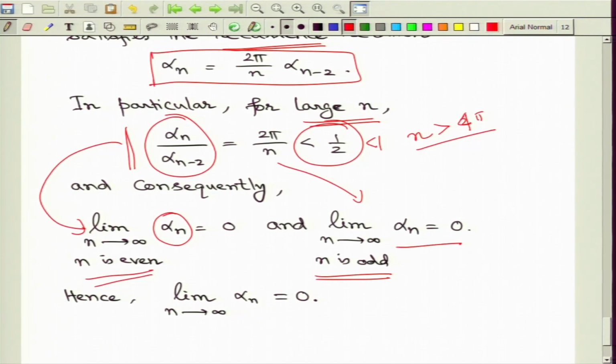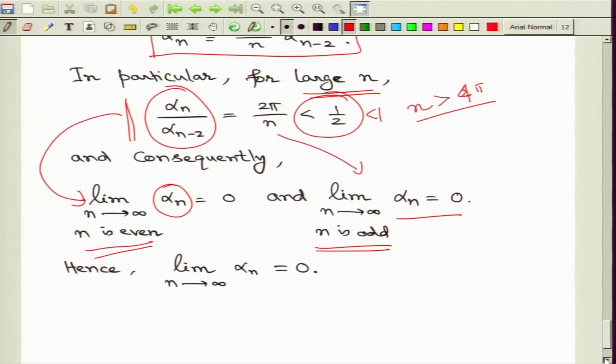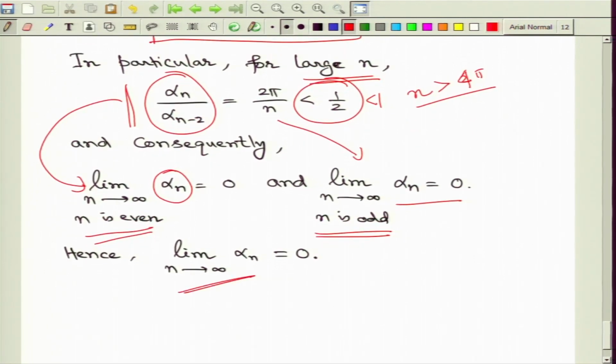Now, separately if we take limits over the odd n's and even n's, both turn out to be 0, and therefore, what we conclude is that the original sequence, no matter n is odd or even, must converge to 0. So, it gives us a somewhat counterintuitive result, that the volume of the n dimensional unit ball goes to 0 as n increases.